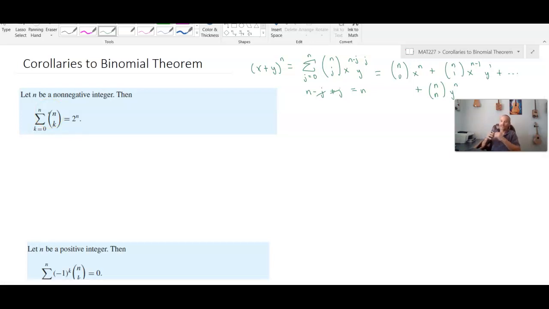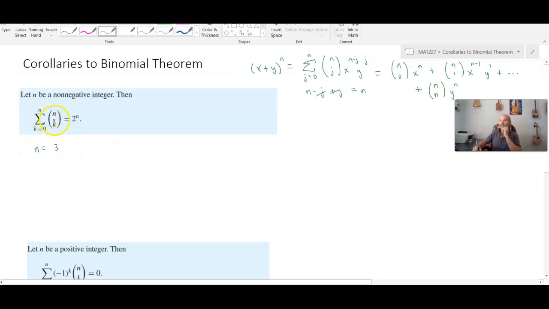So the consequences of a theorem, of this one in particular, are widespread. So here we're going to say that if you take a bunch of combinations and add them together. For example, let n equal 3.